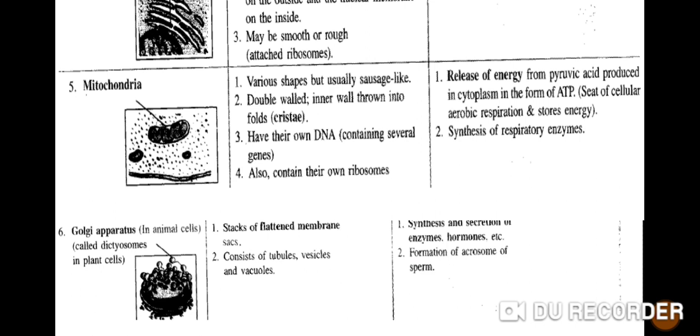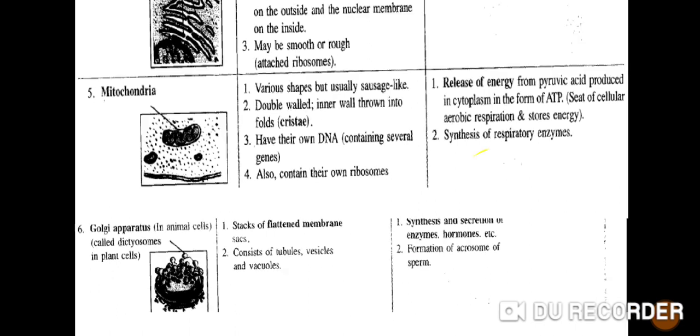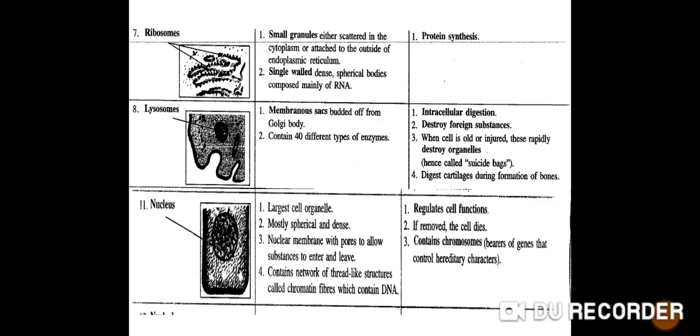So synthesis and secretion of enzymes, hormones, etc. take place. The final processing of proteins also takes place in the Golgi apparatus, and formation of the acrosome in sperm cells takes place here. The next organelle is ribosomes, also called the protein factories of a cell.